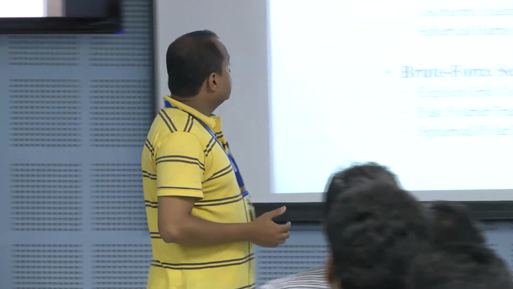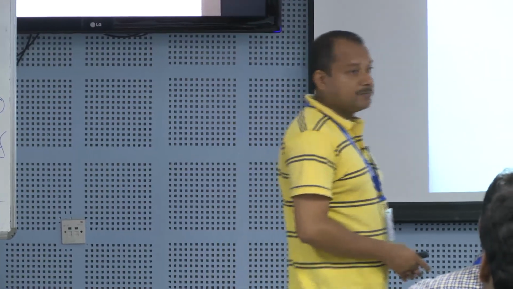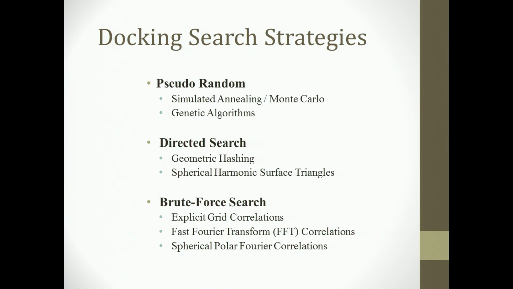There are several docking search techniques. People have tried different techniques like pseudo random, directed search, and brute force search. Among all those techniques, brute force search ensures that all the possibilities are generated, but pseudo random or directed search will give you only a subset of the brute force search.